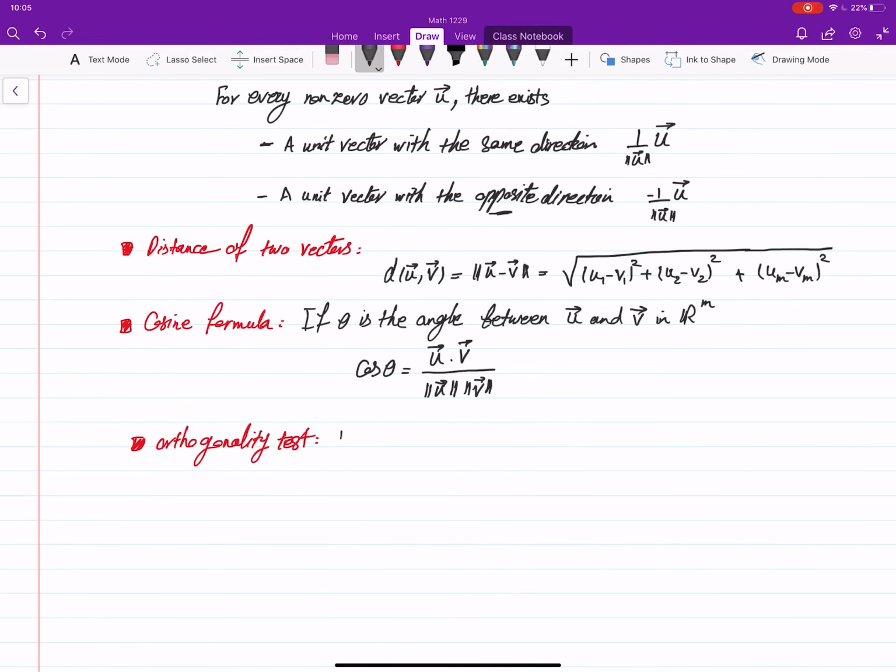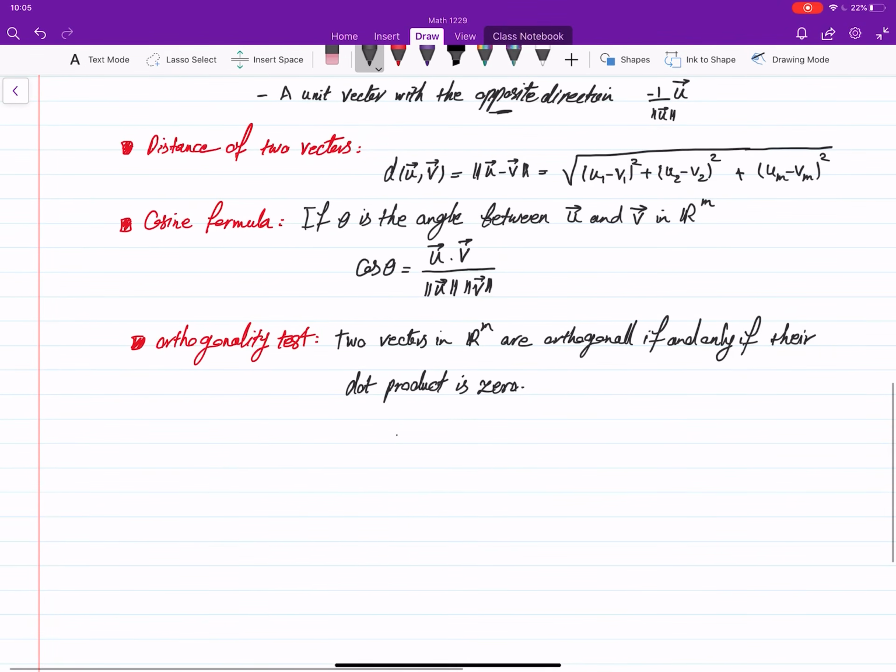So 2 vectors in Rm are orthogonal if and only if their dot product is 0.